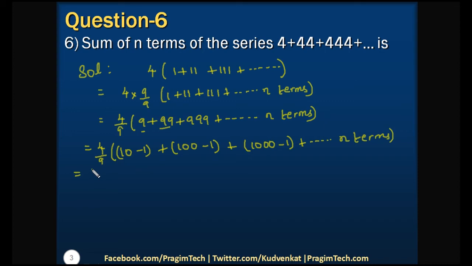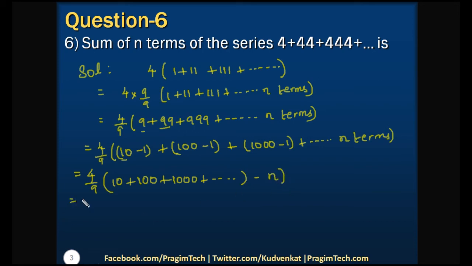So now it is 4 by 9. Looking at the first terms, it is 10, 100, 1000, so we write 10 plus 100 plus 1000 and so on, right? And here 1 is common in all the terms, and since we are taking up to n terms, we consider it as minus n.